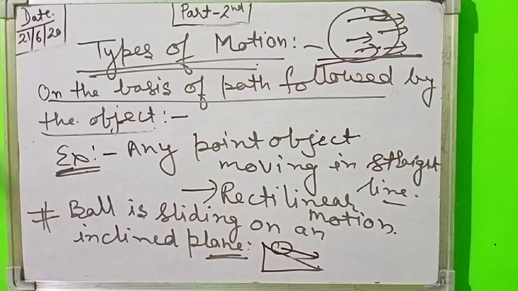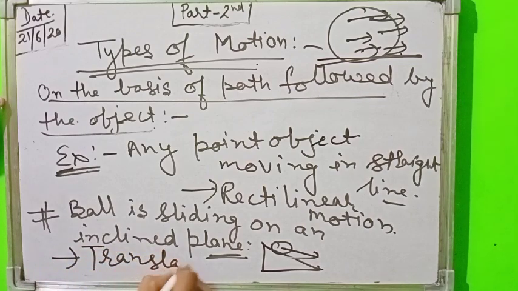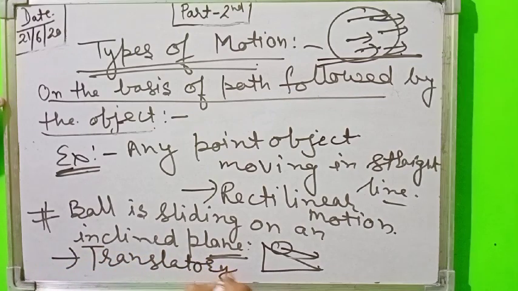Sliding, it is sliding just like that. This is translatory motion. So there is a very little difference between rectilinear motion and translatory motion.